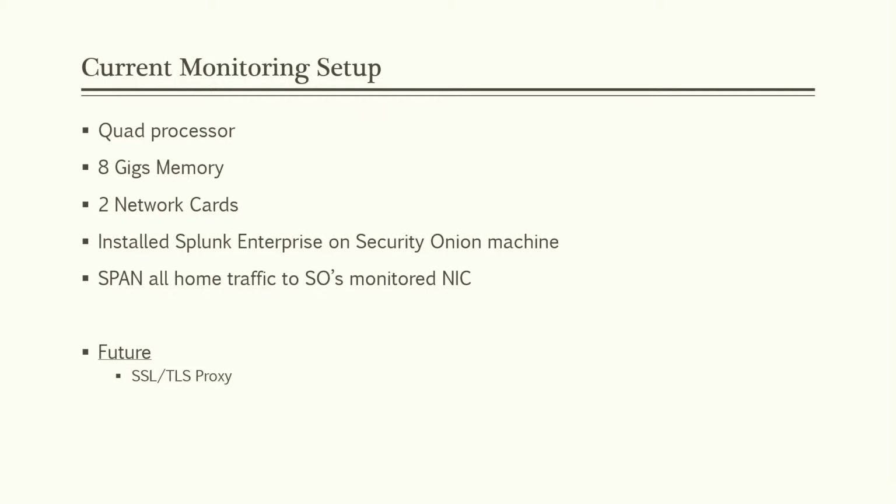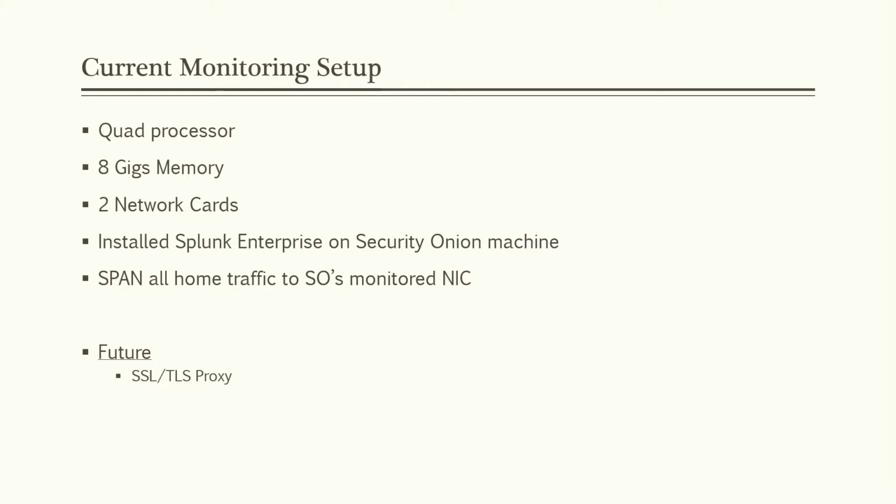When setting up a network security monitoring system, there's a lot of things that go into it, and so many hours that I can't even count, going into hardware and cabling and virtualization and all of those things.